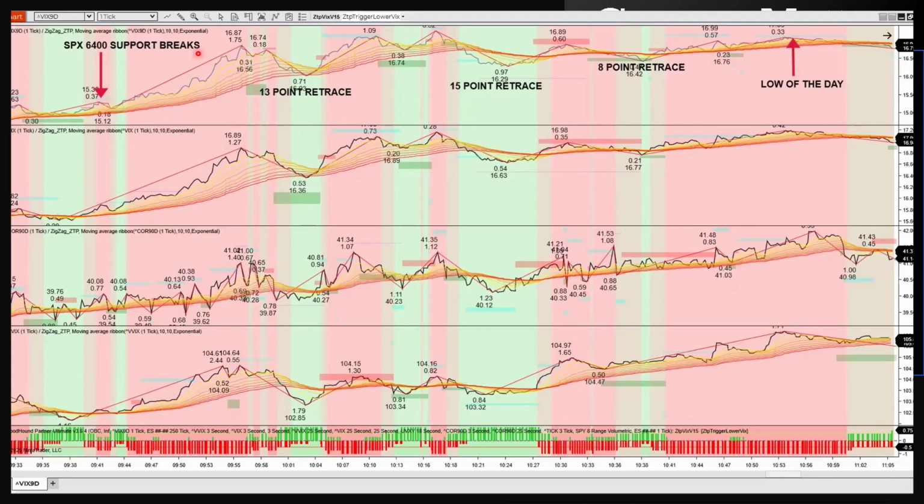The price initially traded down 37 points. The VIX is step one that I look at when deciding when to trade. Probably most important to me, though, is this third panel down here, which is the core 90D, followed by the VIX 90 here.